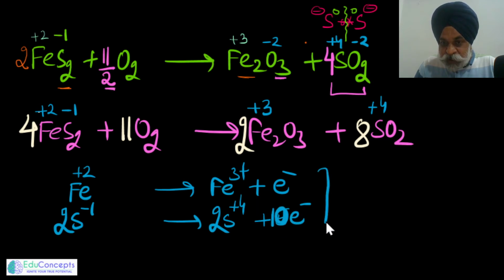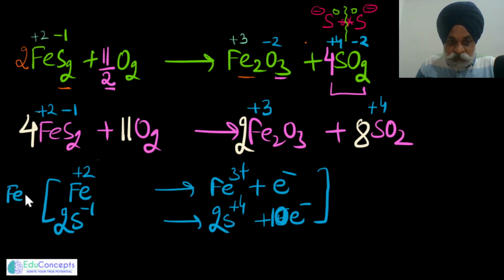So in totality, if I take 1 mole of FeS2, it goes to the product side, changes to Fe3+ and sulfur in +4 oxidation state, and gives you 11 electrons as the total number of electrons lost, as a reducing agent.